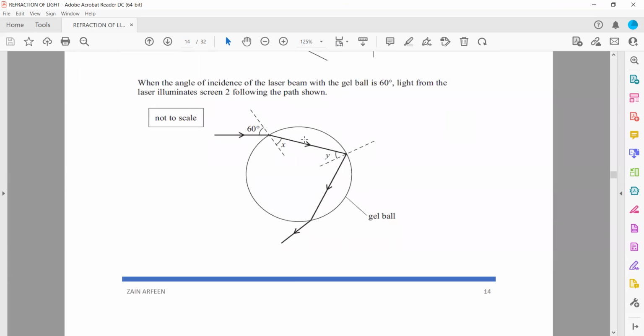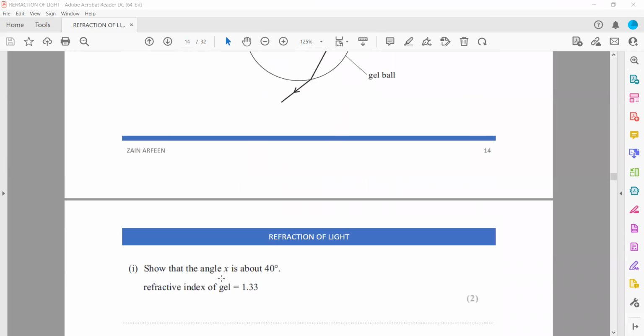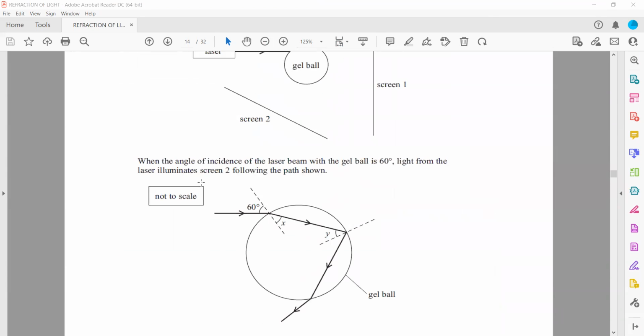So for the first one, we need the value of x, and we have the refractive index of the gel, which is 1.33, and the light is moving from air. This is air, and this one is gel, which has a refractive index of 1.33. Here is theta 1, and theta 2 we want to determine.